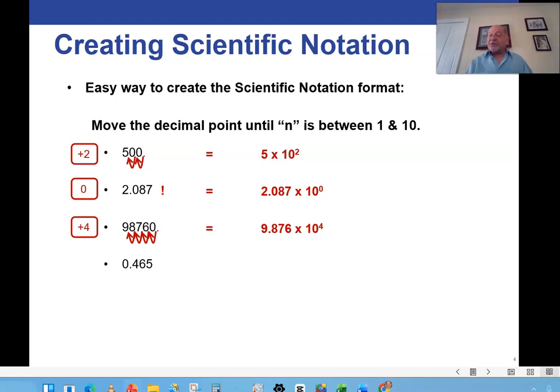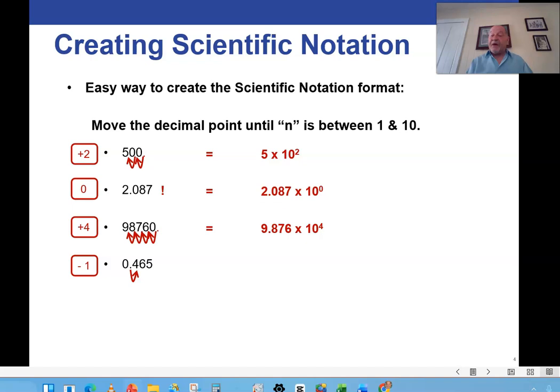All right, what if you have numbers less than 1? Well, now you have to move the decimal place in the opposite direction. You have to move it to the right. So you're artificially making the number bigger, in this case by 1 power of 10. I changed it from 0.465 to 4.65.